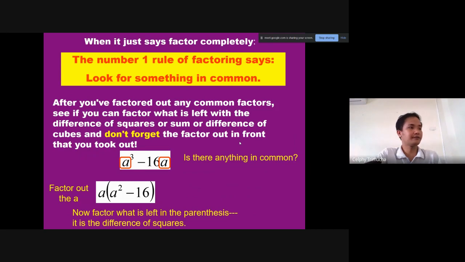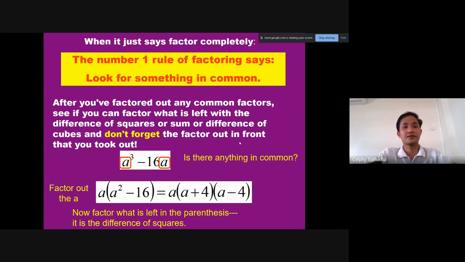So since nakita natin a squared is perfect square, so ang aton 16 is perfect square man, so pwede natin siya ma-express as difference of square. So we have a plus 4 kag a minus 4. So that will be ang itsura or ang aton nga factors ang aton nga equation.